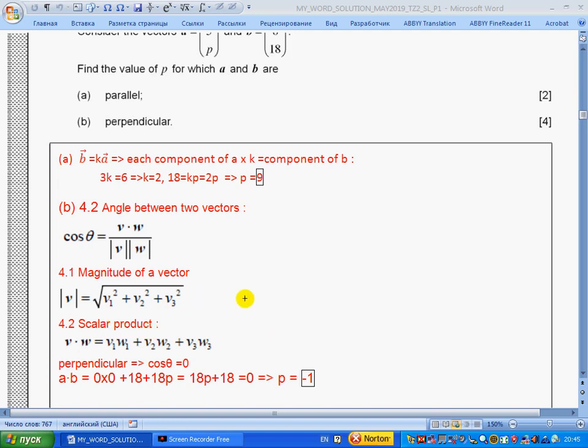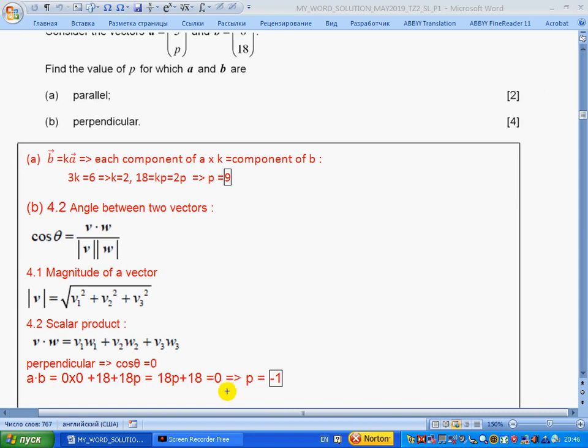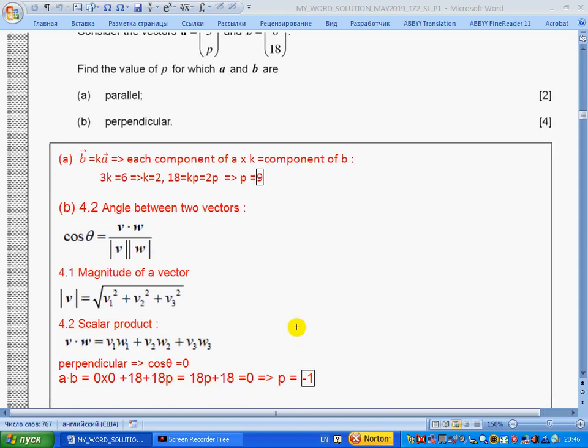But if they are perpendicular, cosine equals 0, so we don't need magnitudes, we need only the scalar product, and it should be equal to 0. So we find the scalar product, it is 18 plus 18p, make it equal to 0, and we find p equals minus 1. Done.